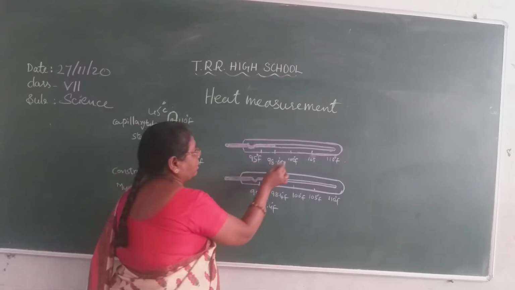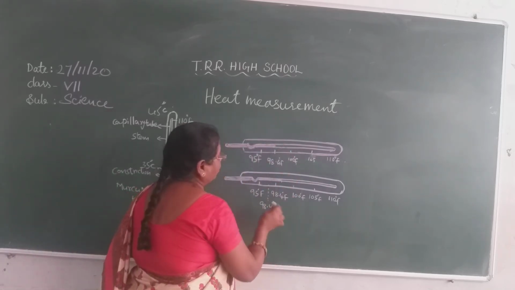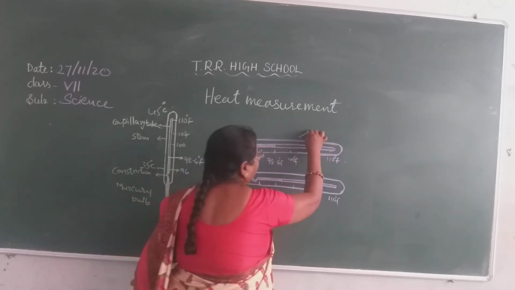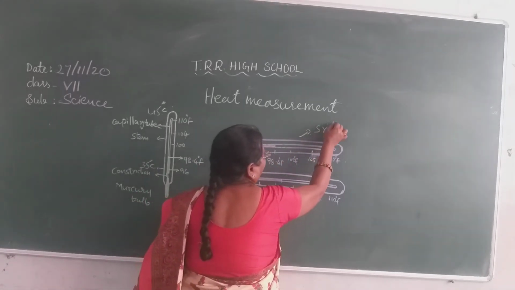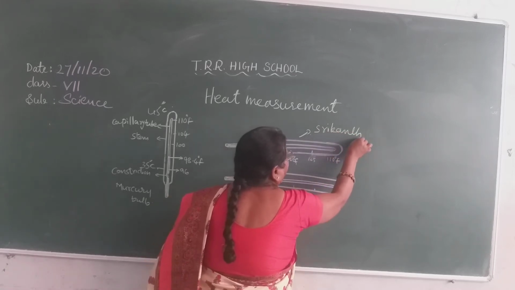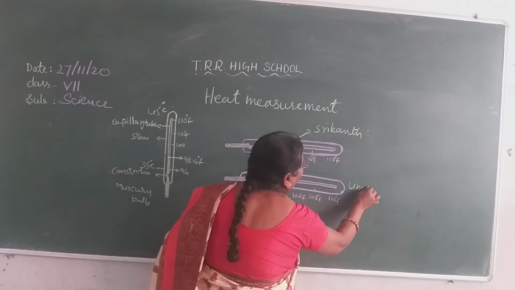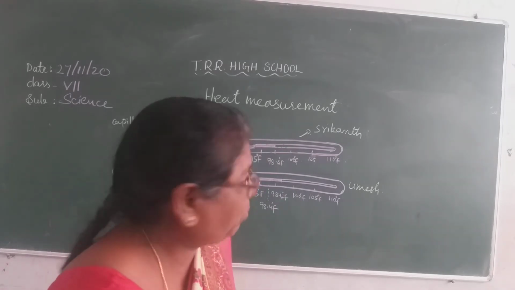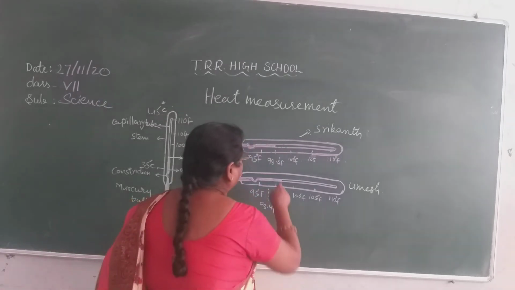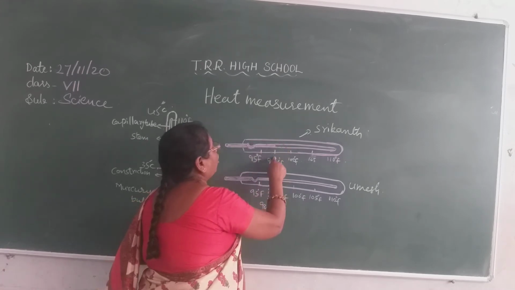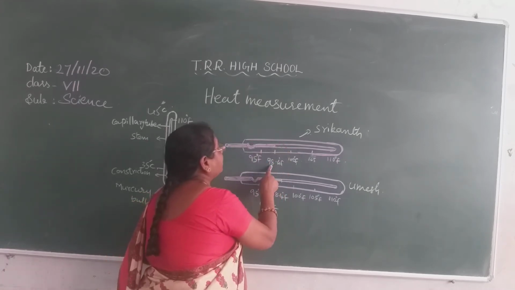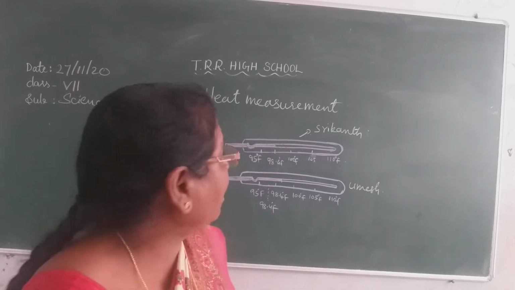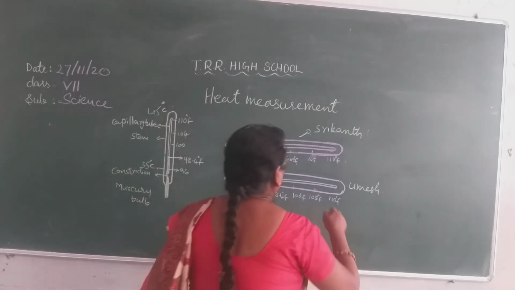Now here you are seeing these two thermometers I am showing you, and here I am showing the mercury level also. Suppose these two boys are Srikanth and Umesh. Both are measuring their body temperature. Here you are seeing the mercury level has stopped at 98.4 degrees Fahrenheit, which means Srikanth's temperature is normal.